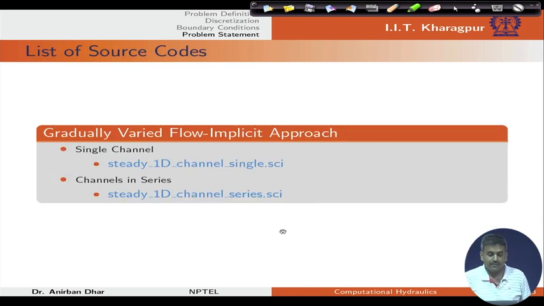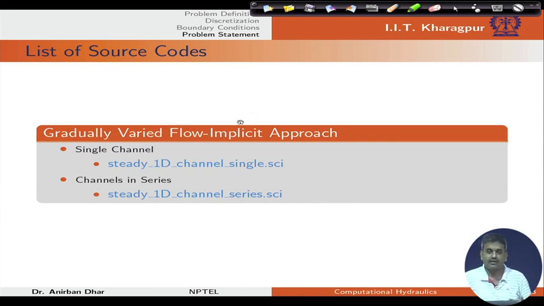So, we have used these two codes, one is single channel steady 1D, and channels in series steady 1D, and we have got the flow profile using these two codes.